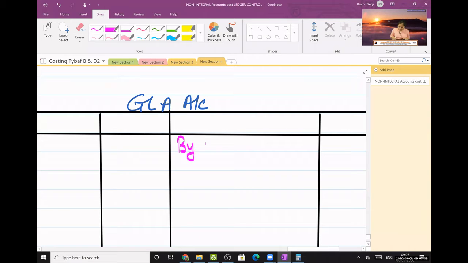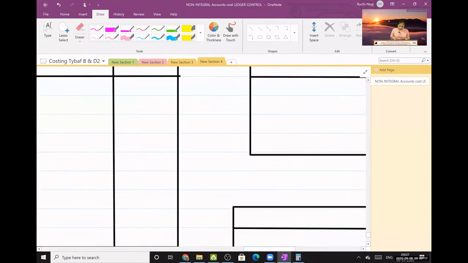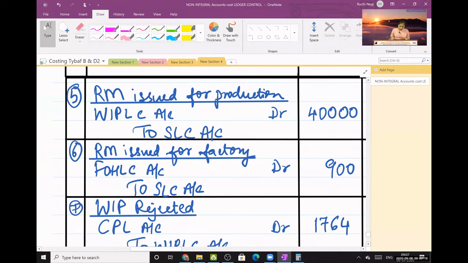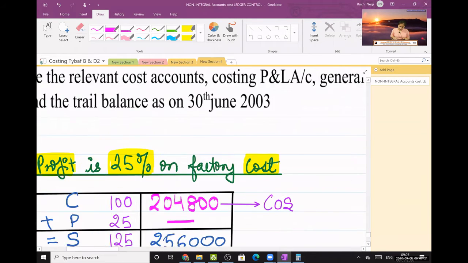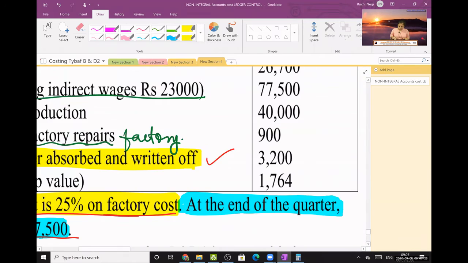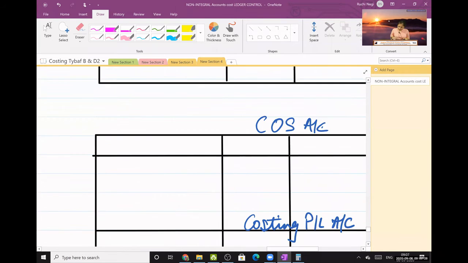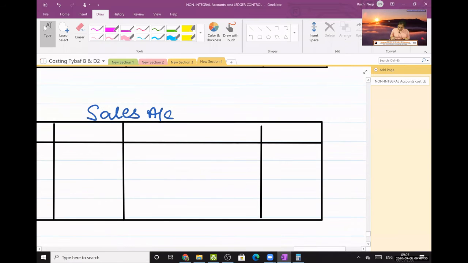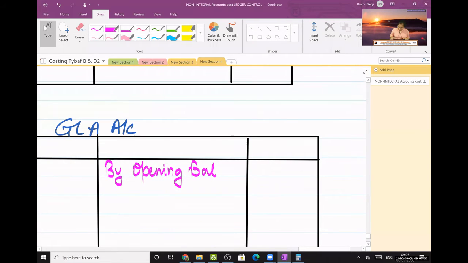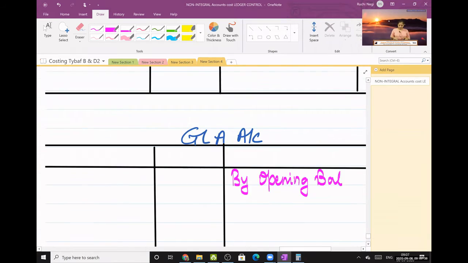By opening balance, on the credit side, 1 lakh 88,750. Write 1,88,750. Okay, next.